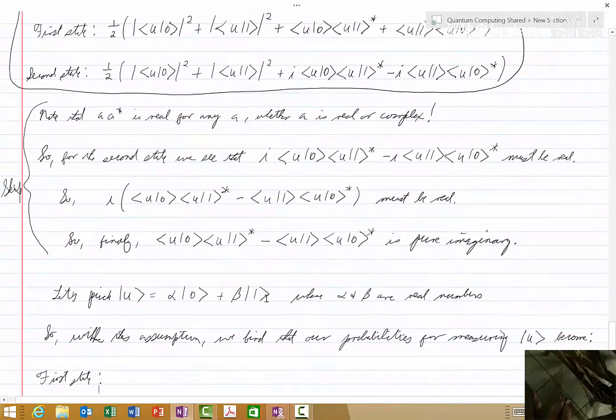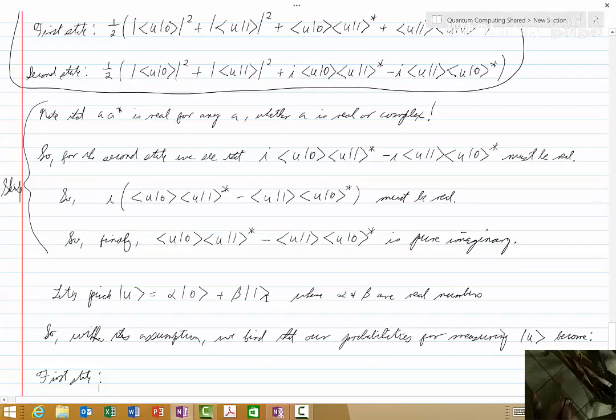So that expression will become 1/2 times alpha, and well, we'll go ahead and be careful for right now.